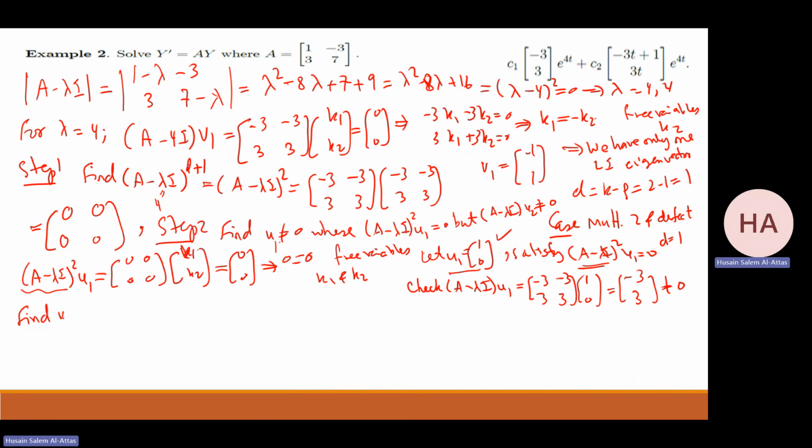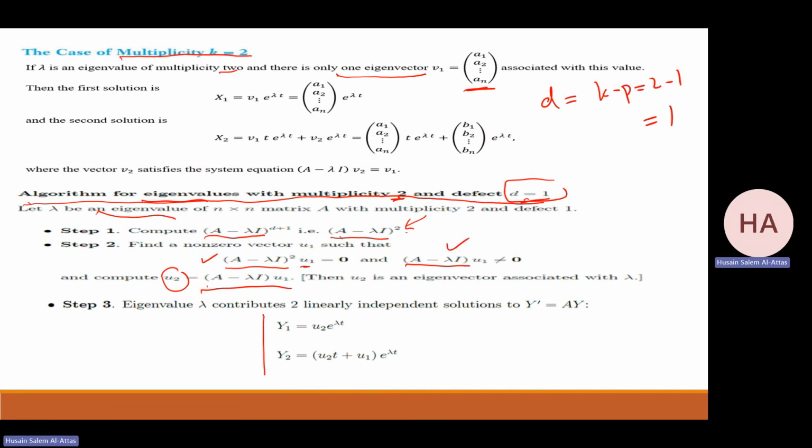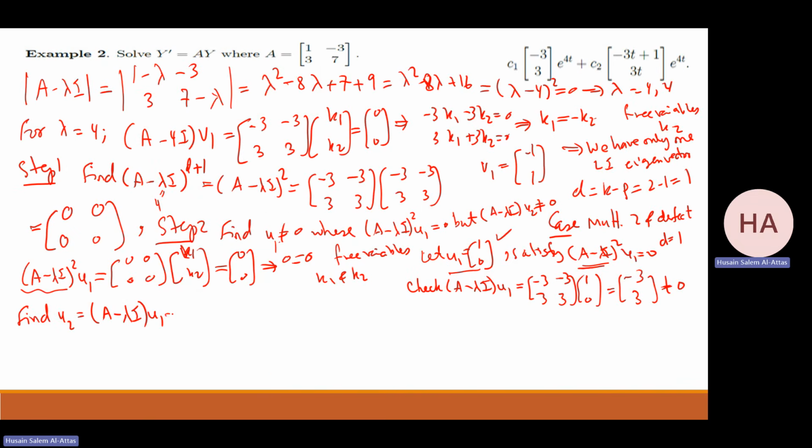Find U2. It will be A minus lambda I times U1, just applying the formula. Do the calculation. Actually, I did it. It's minus 3 and 3.